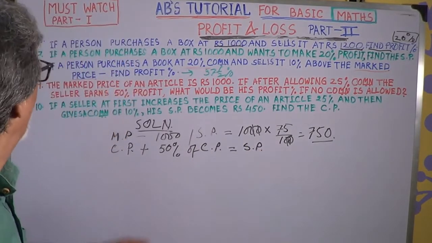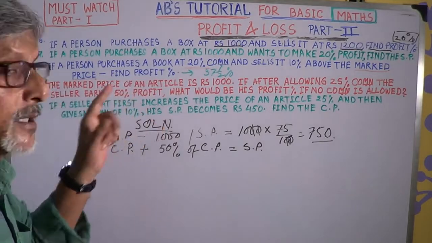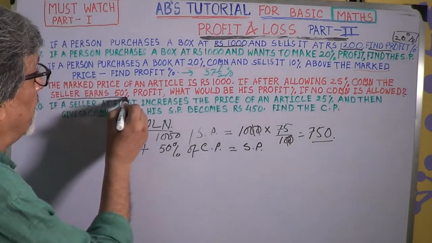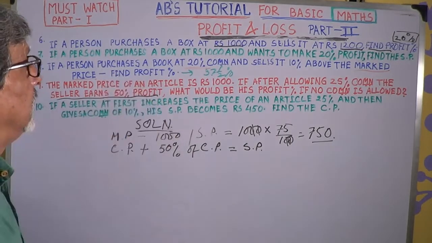Is it clear? Please mind this line: seller earns 50% profit.